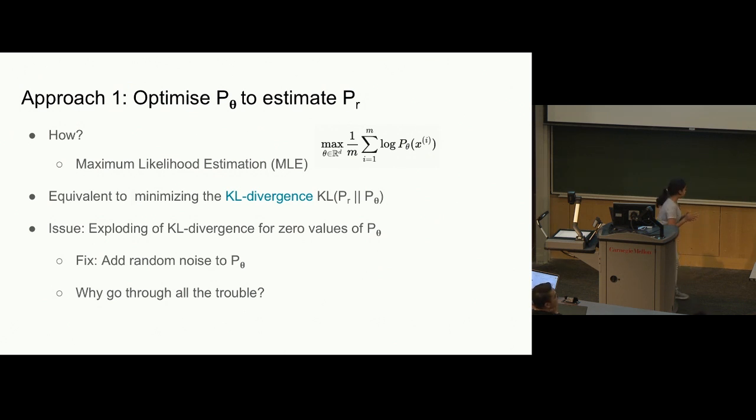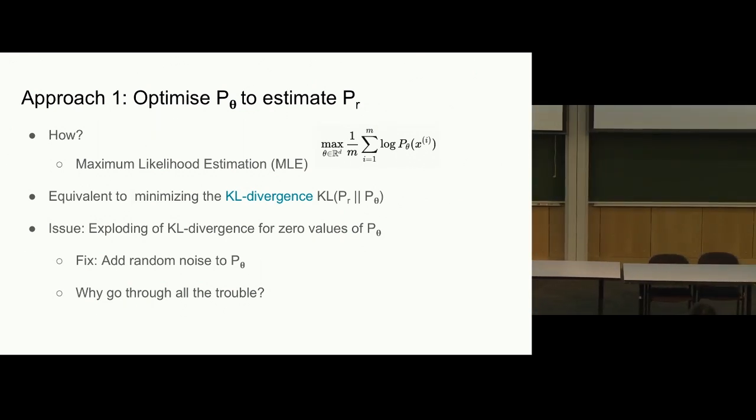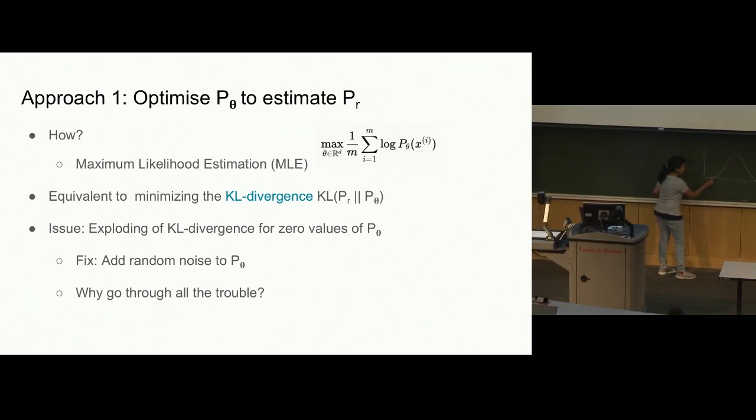So let's say our P theta distribution looks something like this. At some point, it might become 0, but in reality, for the distribution of PR that we're trying to approximate, that might not be 0 at that particular point.